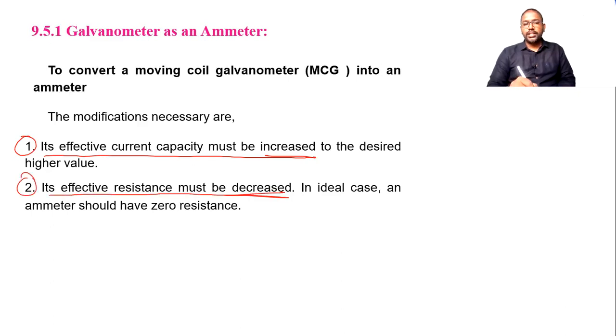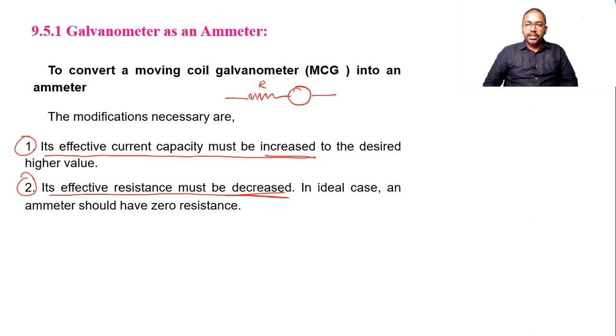Why do we have to decrease the effective resistance? Because we are connecting this galvanometer, means basically the ammeter, in series with the resistance. If this is resistance R and you want to measure the current flowing through this, then you have to connect the ammeter in series with this.